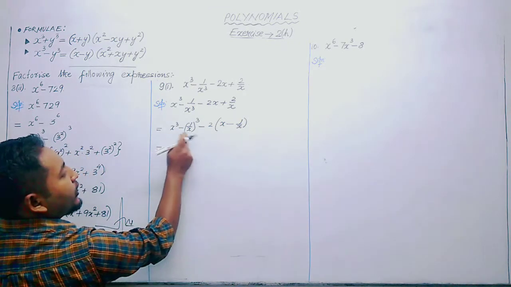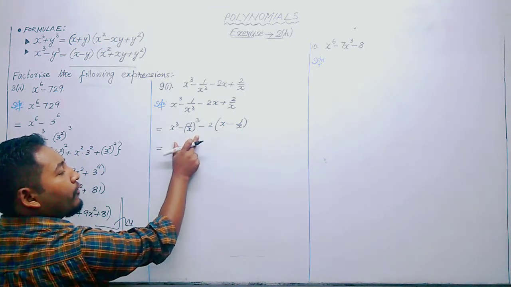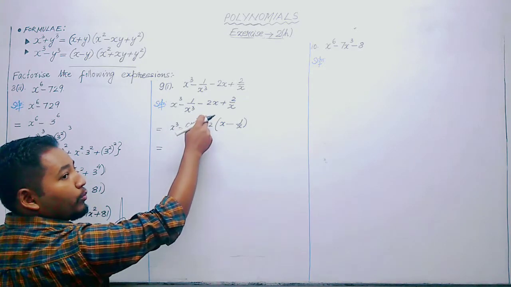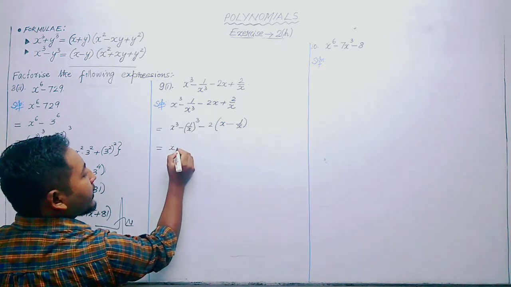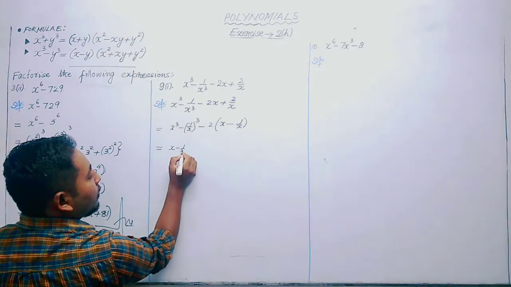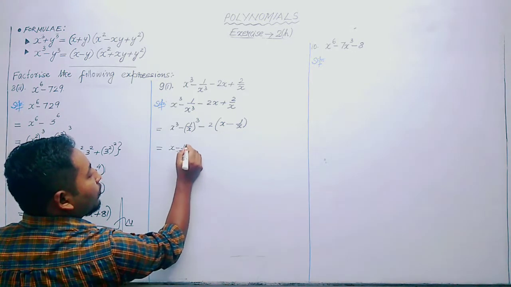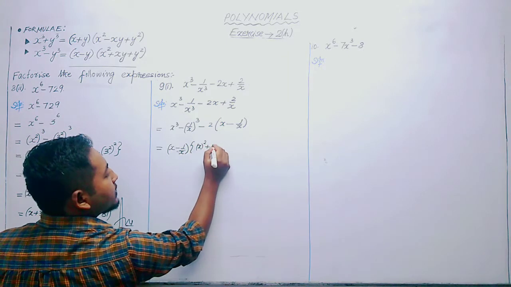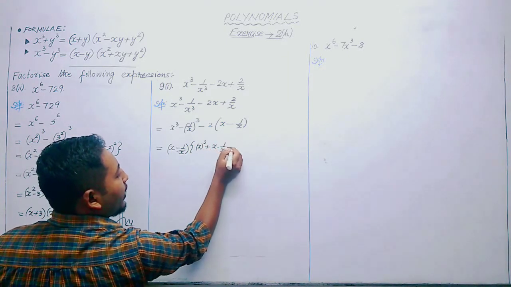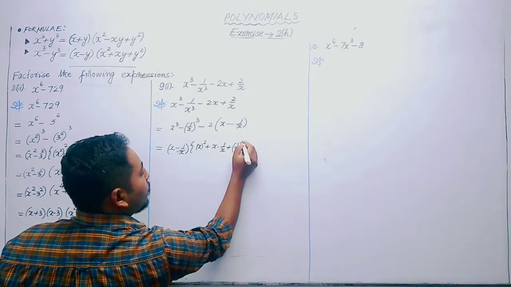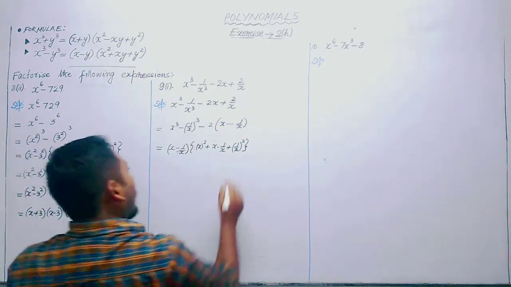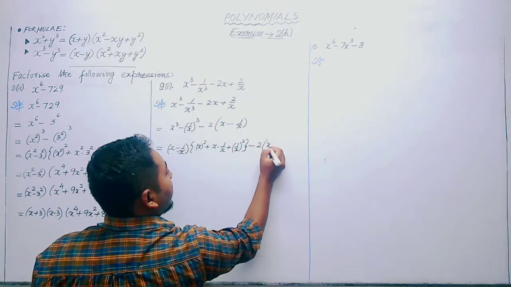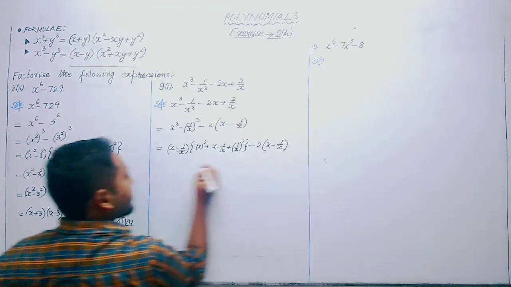Now if you look at this term carefully, you will find x cube minus y cube, which will give you (x minus y), then comes (x square plus x into y plus y square), and you have minus 2 (x minus 1 by x).